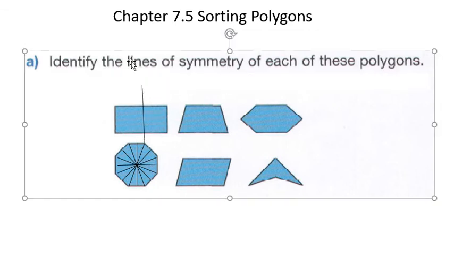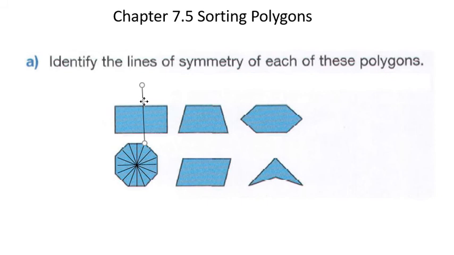And it has a second line of symmetry. The line of symmetry goes this way, right there. So when you fold them along this line, they land exactly on top of the other. And there are exactly two lines of symmetry for this rectangle, one going horizontal and one going vertical.